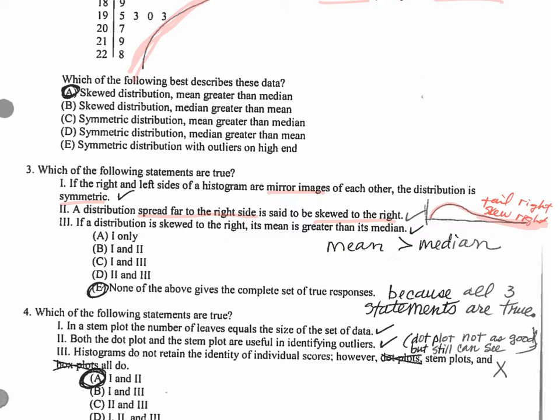Okay, and then this next one, if a distribution is skewed to the right, its mean is greater than the median, and that is also true. So since all three statements are true, none of these choices give the correct set of true responses.